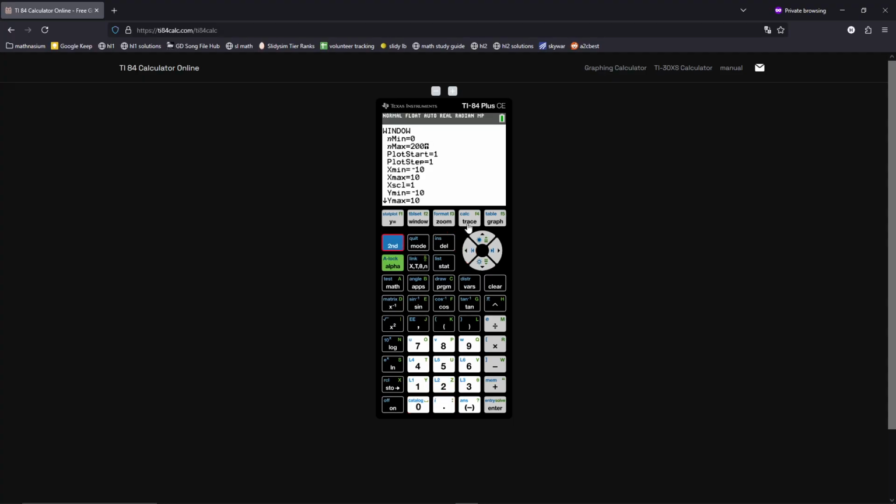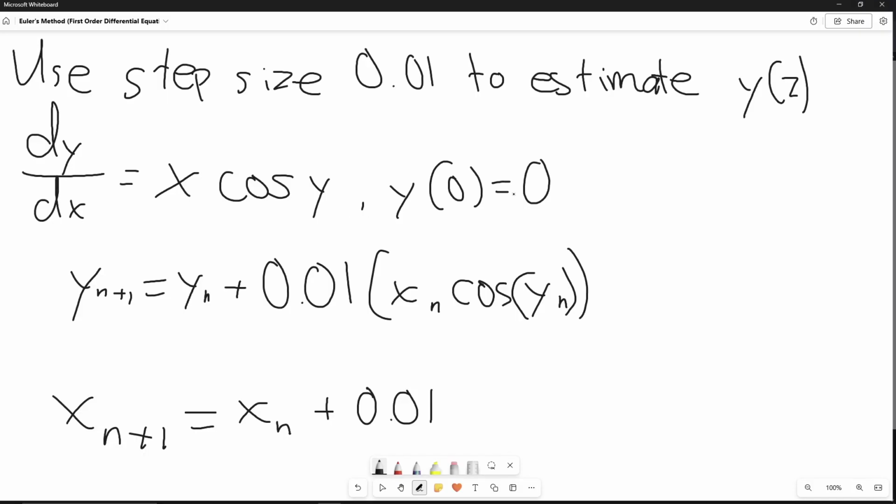And then what you do is press second, calc, value, and then just wait for it. Enter the value you need. This time it is 200. And then it's going to give you x equals 2, and that's your x value. You can check that to double check that you're at the right one.